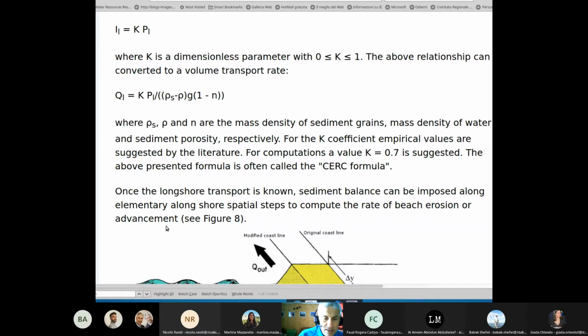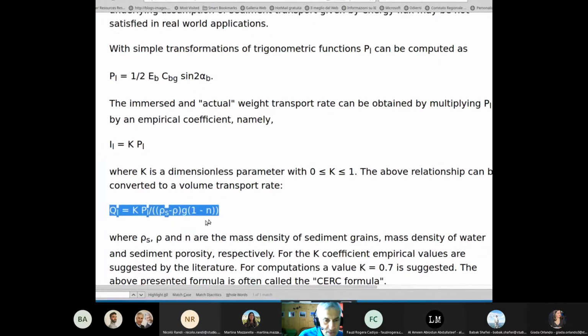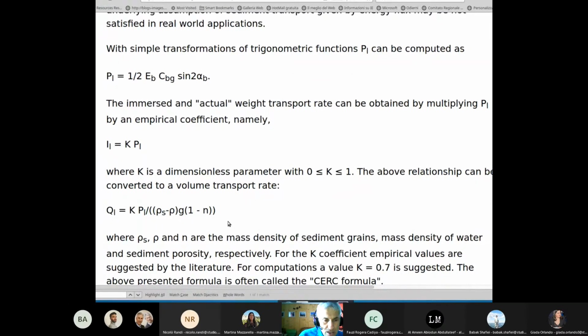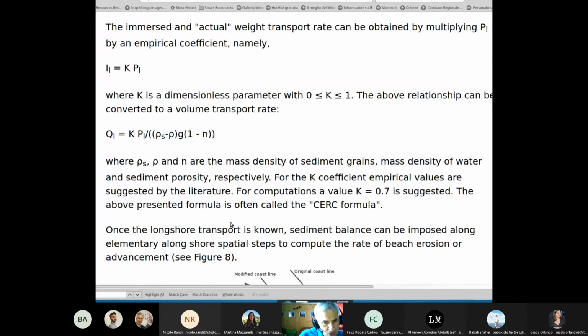Now, let's suppose that we then applied this model. We actually compute the evolving shape of the coastline, because this is what we are really interested in. I want to see how the coastline may evolve in time.